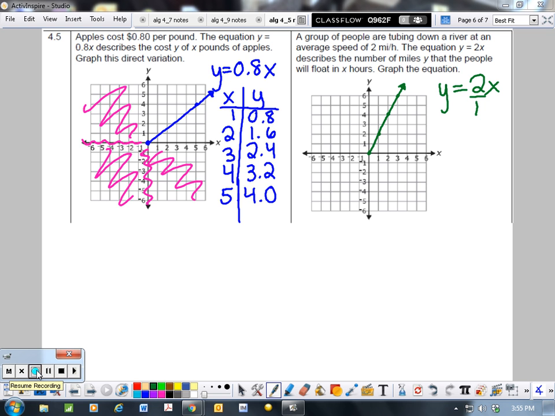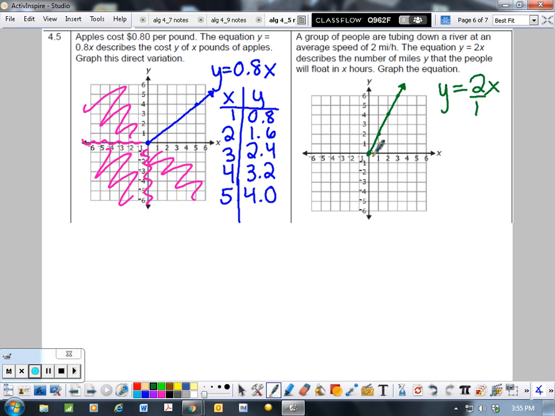So now I'd want to figure out, well, can I have negative hours? So can I go back in time, and will that actually tell me anything? It really kind of depends on the situation. I don't know enough about this. Like, I don't know if they were tubing down the river and then we started keeping track. So the time was actually, oh, we've been floating for 5 hours and now we're going to keep track.